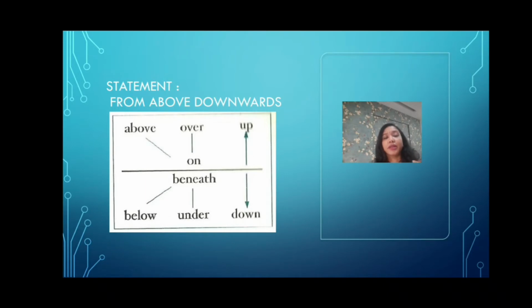Now, the second statement is from above downwards. As I said, there are monster heads over here. So what are the monster heads? Let's see, all the monster beliefs that we have about from above downwards. The first one is from head to toe.